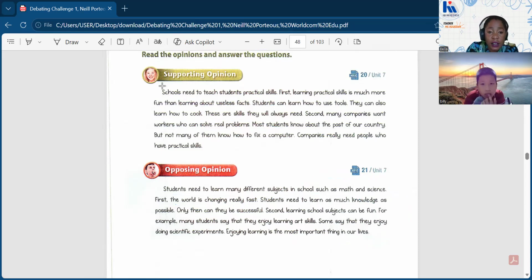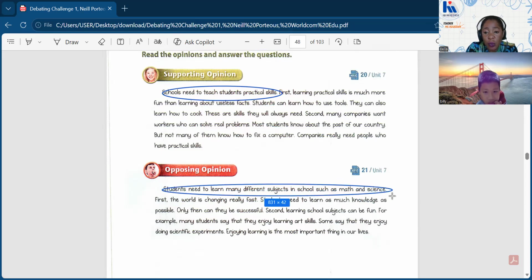Now look at this. This is the main idea in the supporting opinion. And this is the main idea in the opposing opinion. Do you see it? Did you see what I did? Yes. Now this is the supporting idea in the supporting opinion.